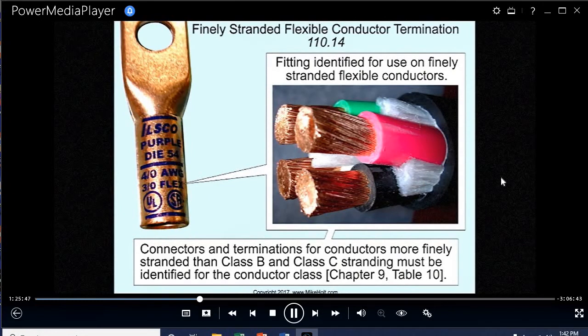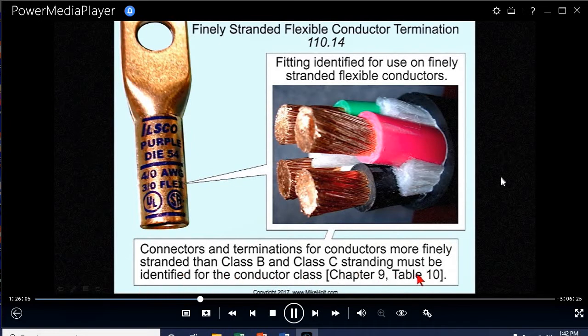We talked about finely stranded conductors back in the definitions, in the identified rule. This is the rule that says connectors and terminations for conductors more finely stranded than Class B and Class C must be identified for the conductor class.